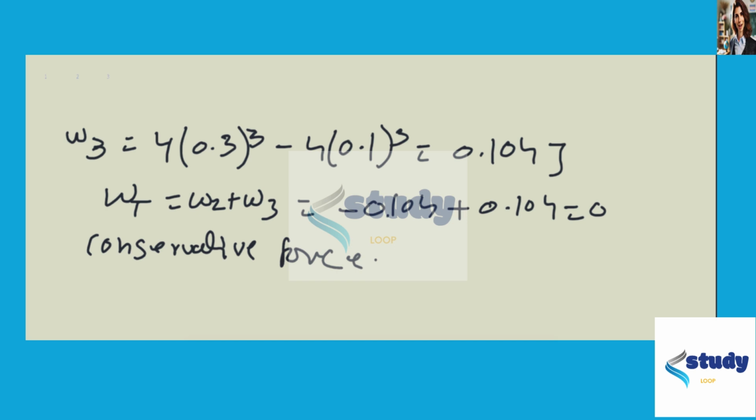Since we know the work done by a conservative force equals the negative of the change in potential, that is W equals minus delta U, that is U(x naught) minus U(x), we can write the change in potential as the integral from x naught to x of minus 12x squared dx.